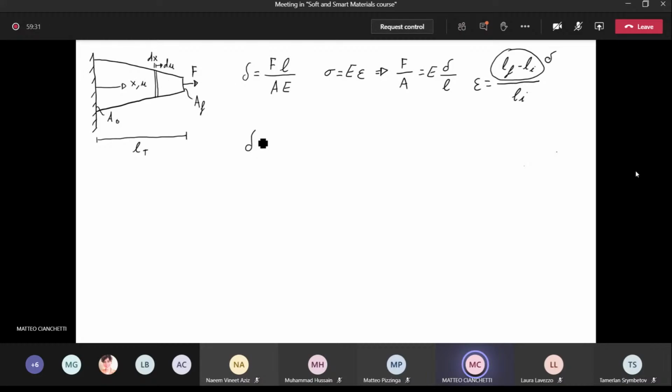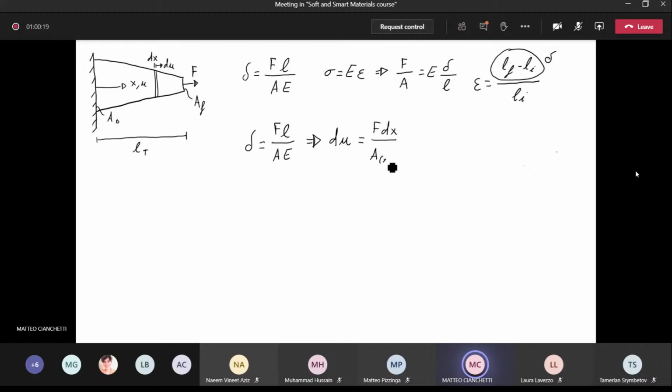So we have delta again, that is, let me write it, PL over AE. The dU, that is the infinitesimal deformation, as we said before, the infinitesimal representation of the deflection, is equal to F dx, that is the length of the infinitesimal element, on A, that, by the way, is not constant because it varies along x, from A0 to AF.